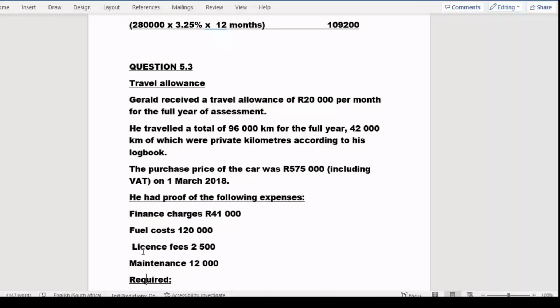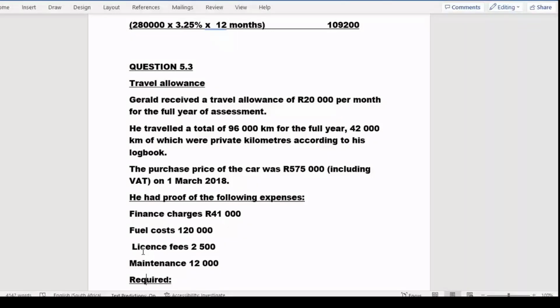Number two, when was the asset purchased? Do I have to calculate the wear and tear? Number three, my wear and tear is limited to 7 years, not more, 7 years or below. And number four, my cost is limited to an amount of 595,000.